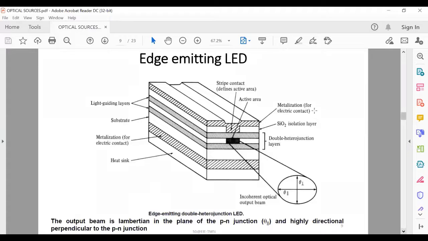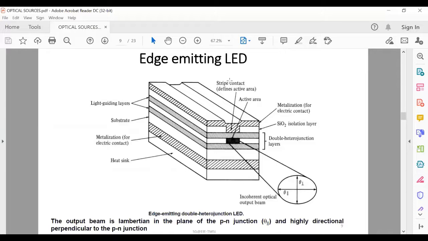Now, in case of edge emitting LED, in order to reduce the losses caused by absorption in the active layer and to make the beam more directional, the light is collected from the edge of the LED, and such a device is called an edge emitting LED, or in short ELED.